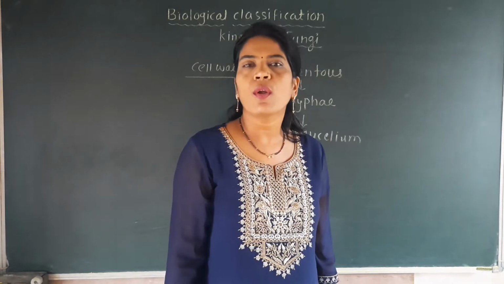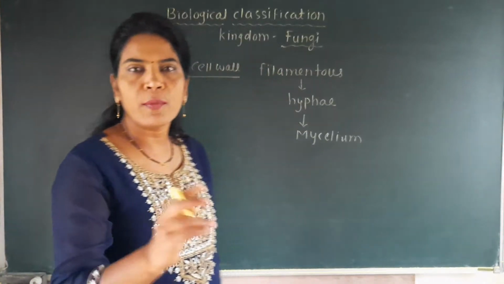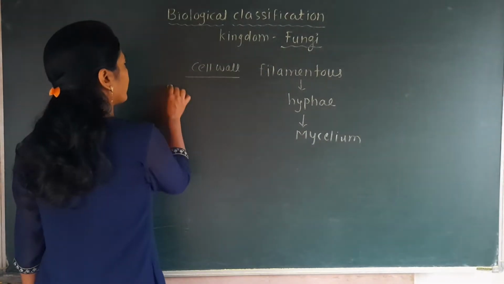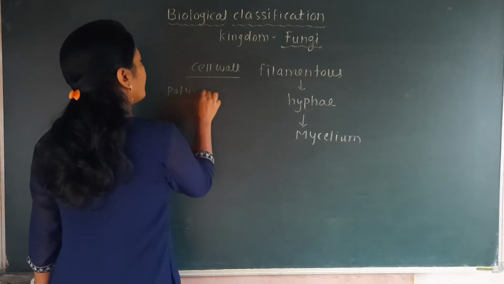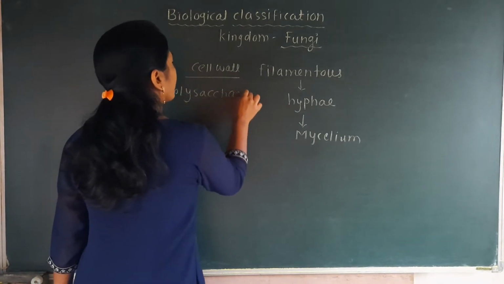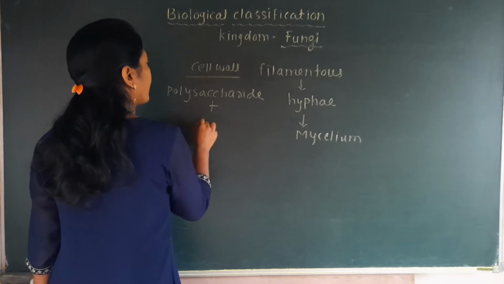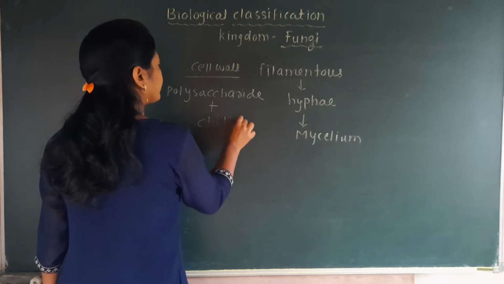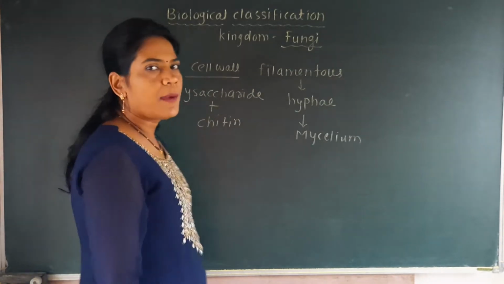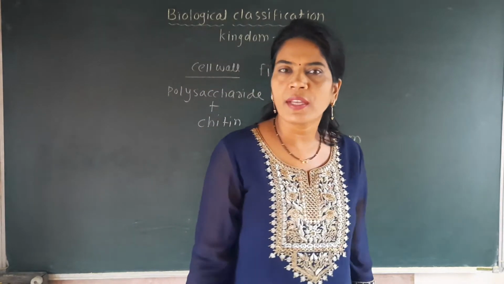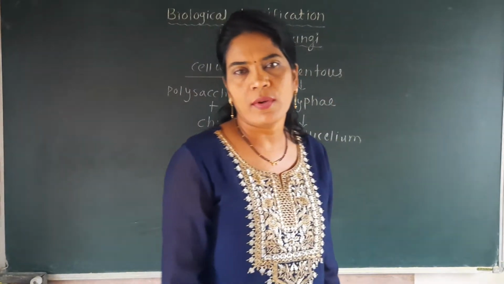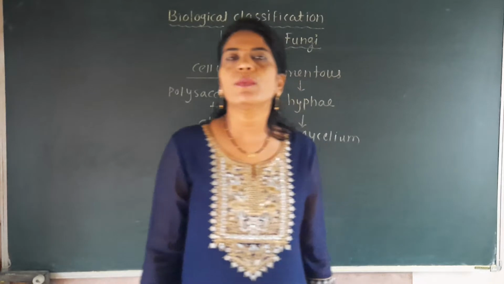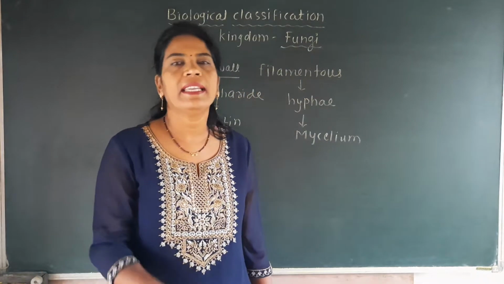The cell wall of these fungi is made up of two important components. One is polysaccharide, and another one is chitin. The composition of the cell wall in kingdom Monera is amino acid and polysaccharide. Here the composition of the cell wall in the fungi is chitin and polysaccharide.